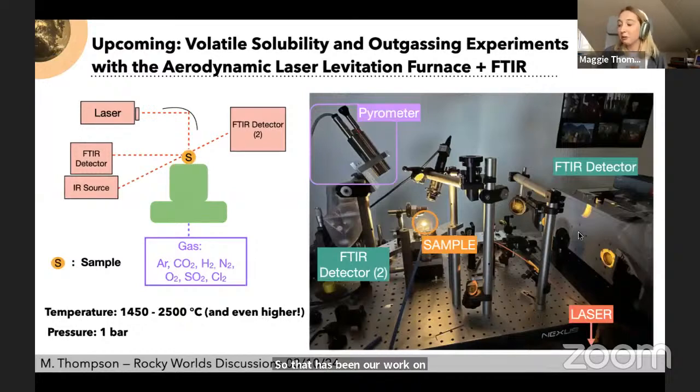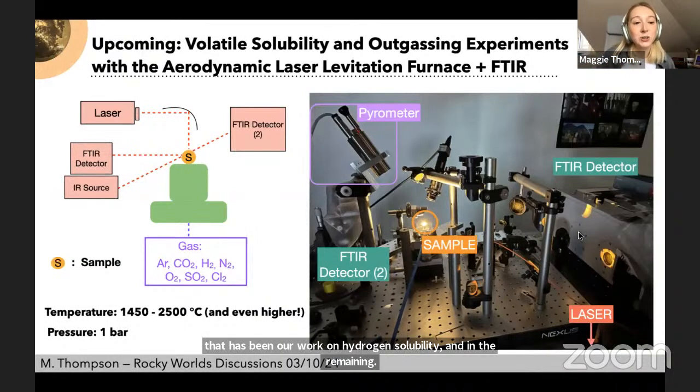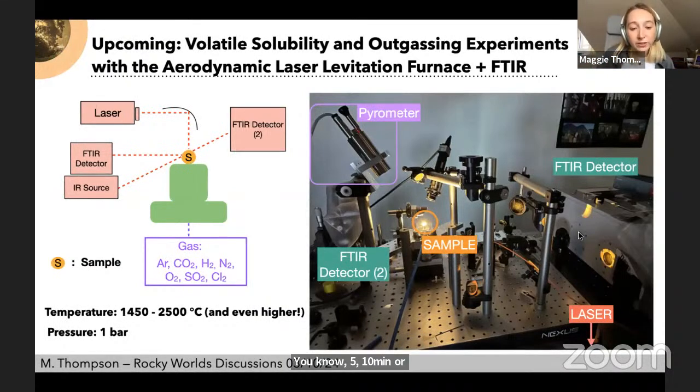And in the remaining 5-10 minutes or so, what I'd like to do is tell you about a different setup that can also tell you about volatile solubilities, also at around a 1 bar pressure condition. But this system can also do more than that and give us some spectroscopic constraints as well on high temperature melts.